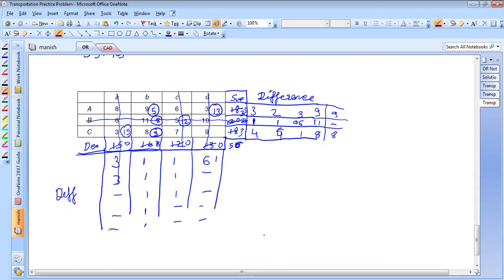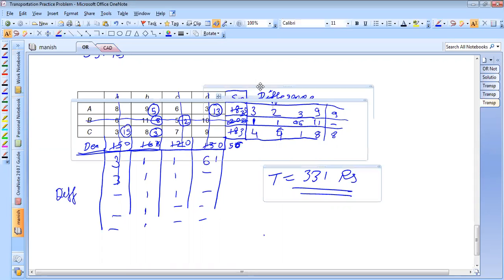Any doubts? No doubts, sir. I think the same answer will be here, 331. 331 rupees. Okay. This is our transportation cost. Any problem up to this point?